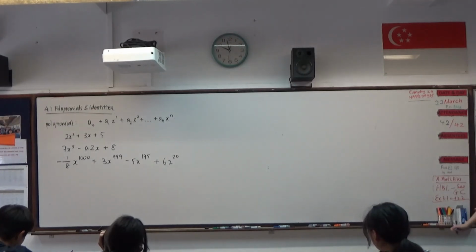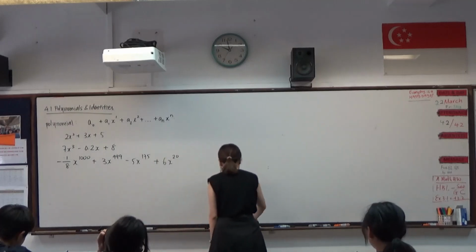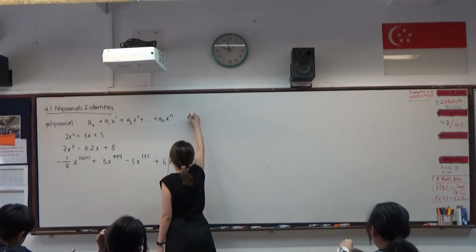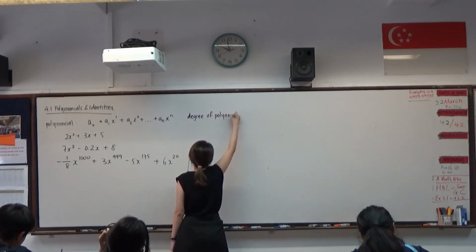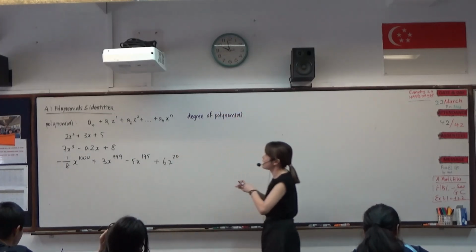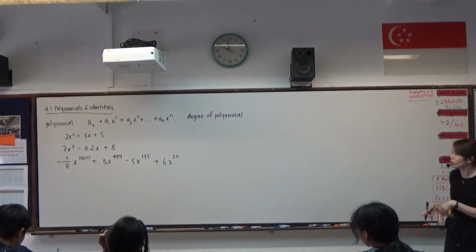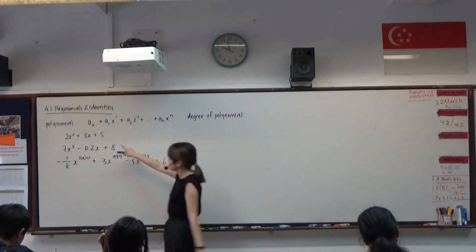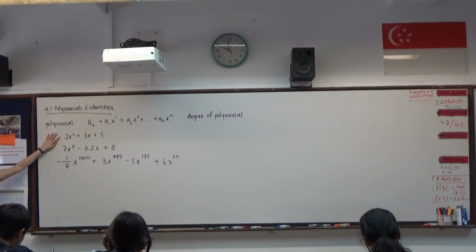Okay, we need to know how to identify the degree of the polynomial. Because later on, when we cover deeper into chapter 4, knowing the degree of polynomial is important. So for example, in this example over here, degree of polynomial refers to the highest power that can be found inside it.